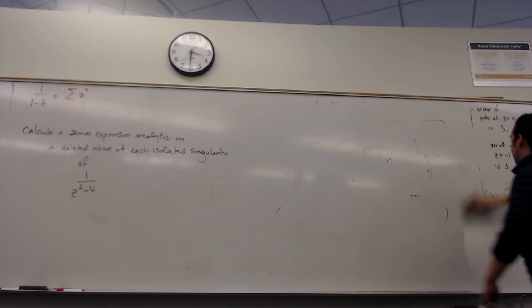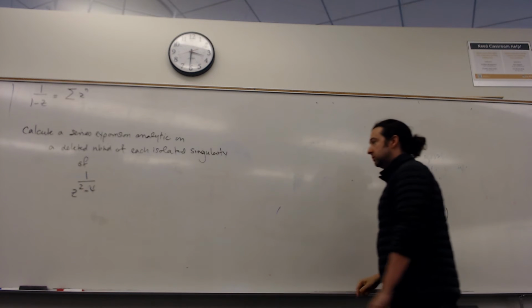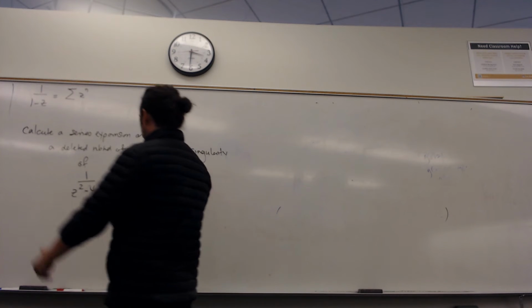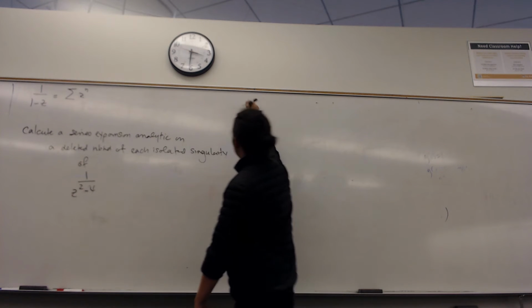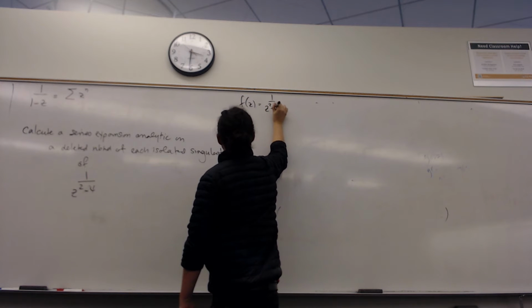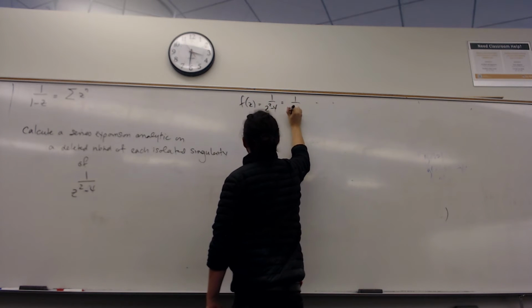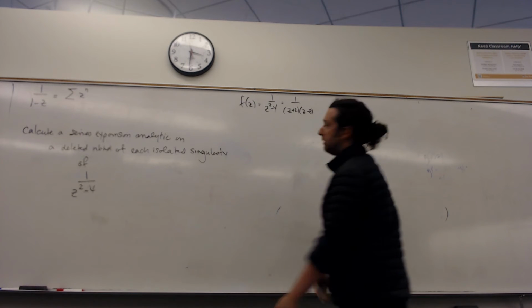So the first thing you've got to figure out is what are the isolated singularities of this thing? So f of z is 1 over z squared minus 4, which is 1 over z plus 2 and z minus 2. So what are the isolated singularities?